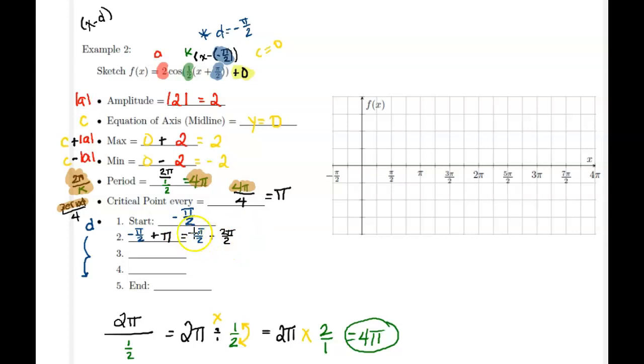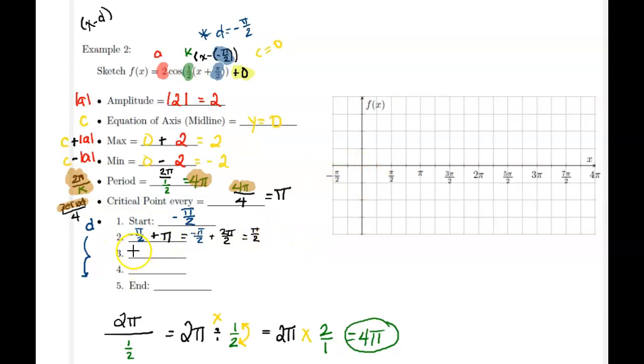Now I can just add my tops. So negative pi plus 2 pi brings me up to pi over 2. So my first critical point will be at negative pi over 2, and my next critical point will be at positive pi over 2, which makes sense because they are spaced out by a distance of pi.